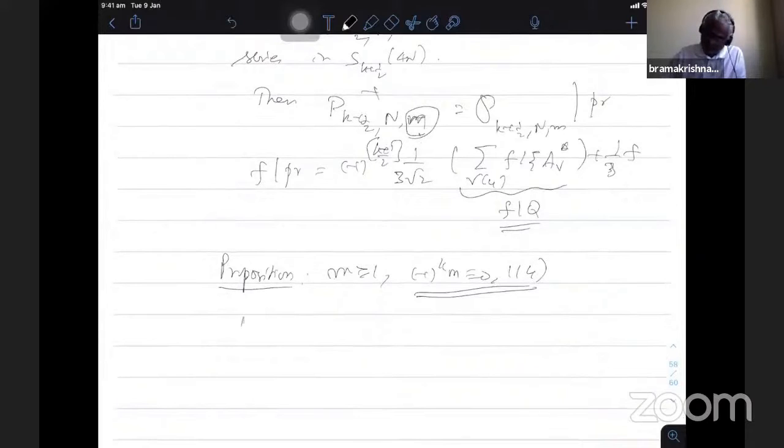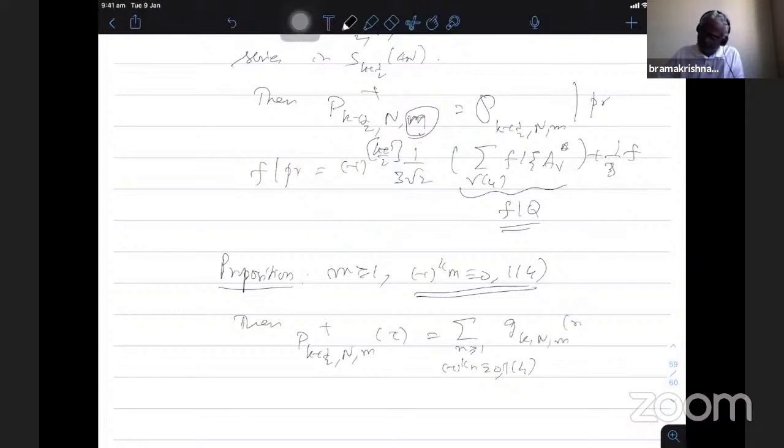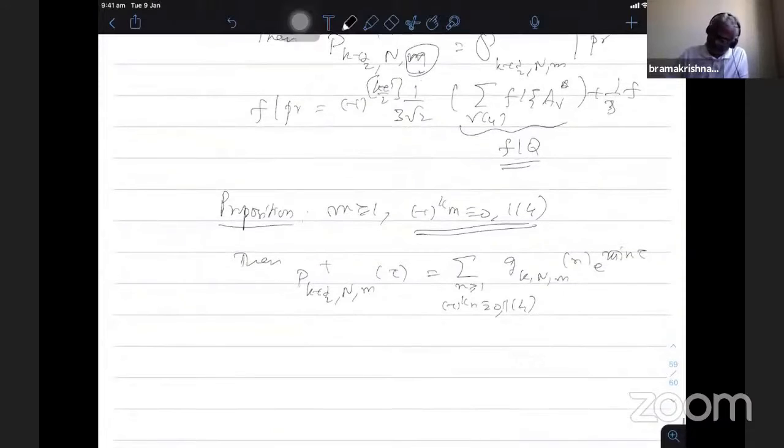So then we have P^+_{k+1/2,N,m}(τ) is the summation over n greater than or equal to 1 with (-1)^k n being 0 or 1 mod 4 of g_{k,N,m}(n) e^{2πinτ}, where this g_{k,N,m}(n) is given by, this also has two terms.